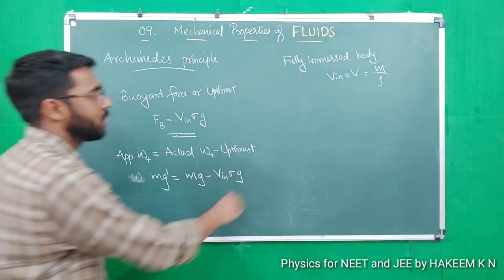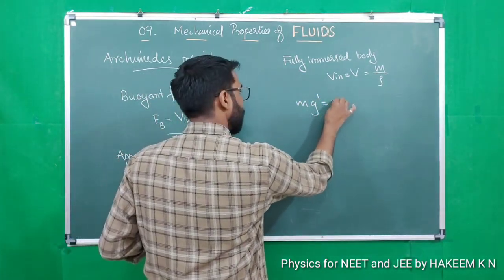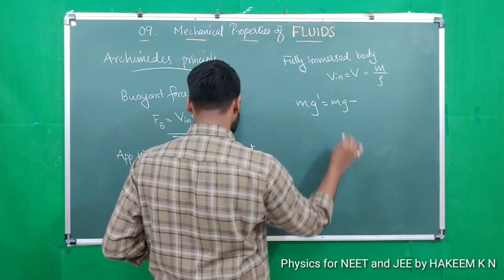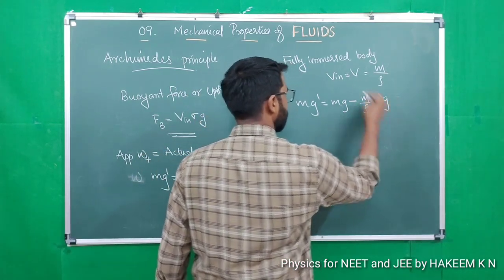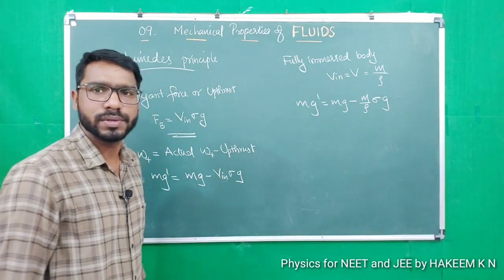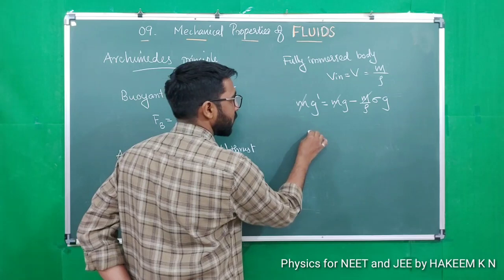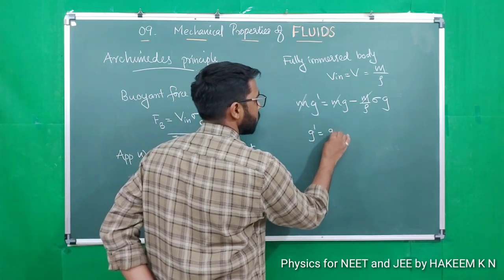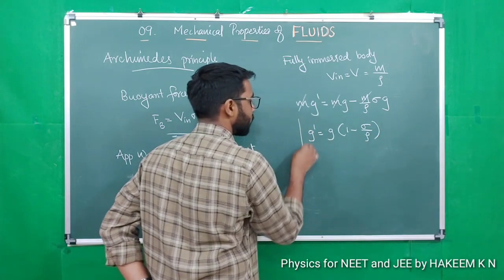So we will get mg dash equal to mg minus m by rho into sigma g. m we can cancel out, so we will get g dash equal to g into 1 minus sigma by rho.